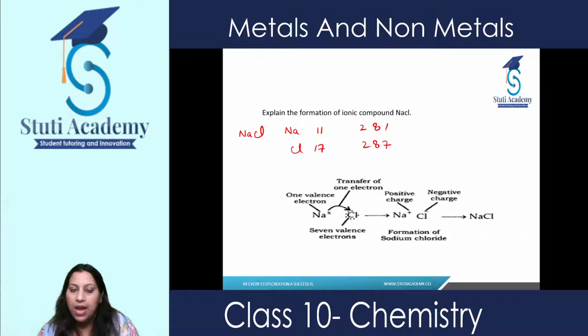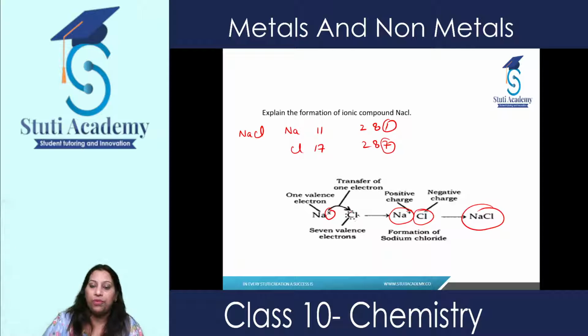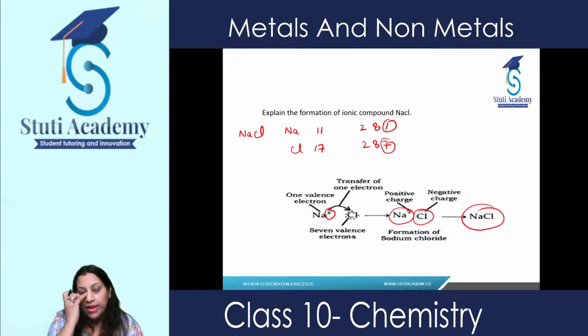And here Na has one electron in the outermost shell, represented by this cross, and in chlorine valence electrons are 7: 1, 2, 3, 4, 5, 6, 7. So this sodium transfers its one electron to chlorine, and as a result it attains a positive charge, chlorine attains a negative charge, and then we get this ionic compound. So this is how this ionic compound is formed.